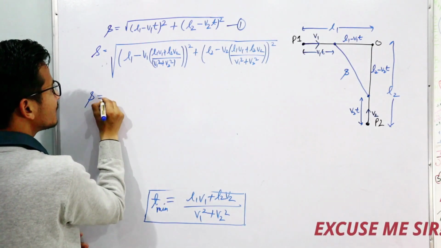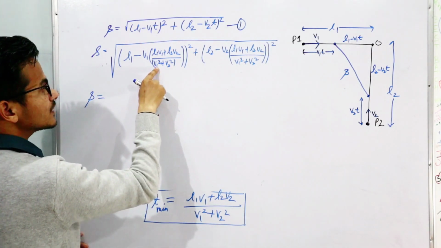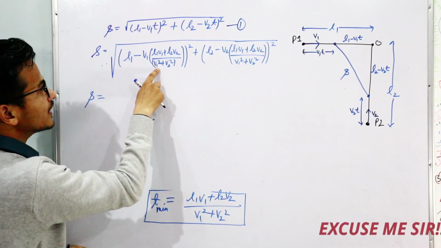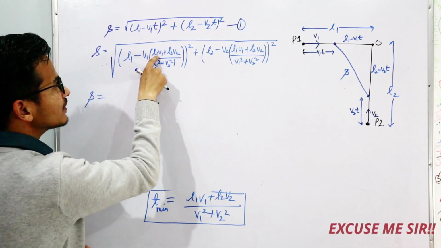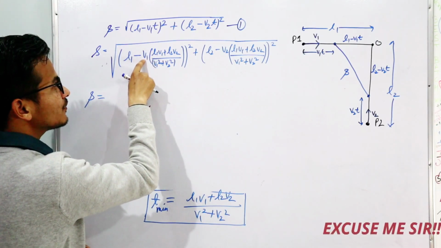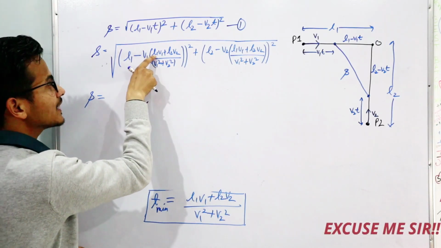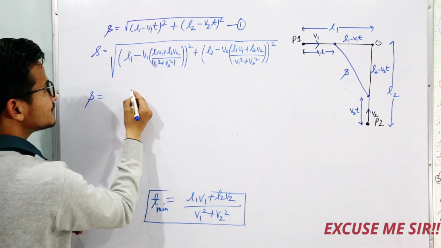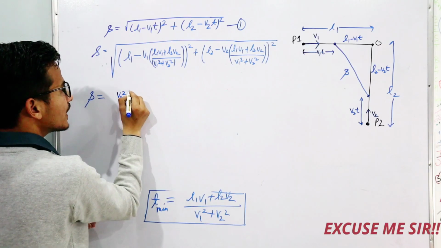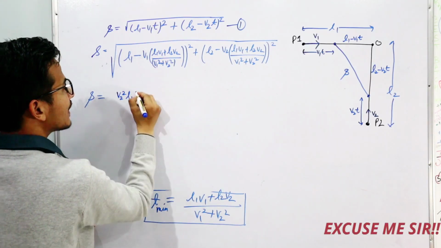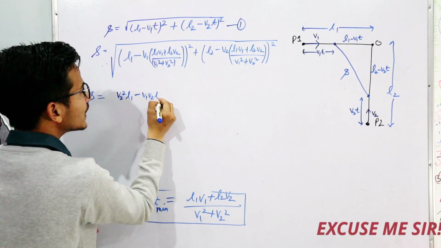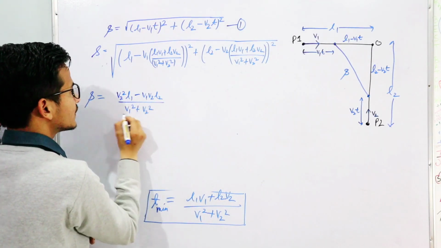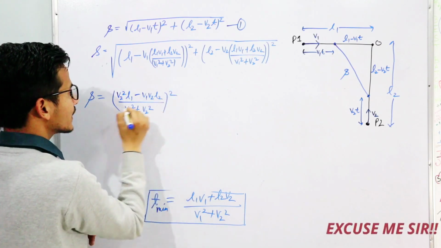On solving it, v1 square will be multiplied by L1, it will be v1 square L1, and the minus sign and this term will cancel out. We will be left with only v2 square L1 minus v1 v2 L2, and then whole square.